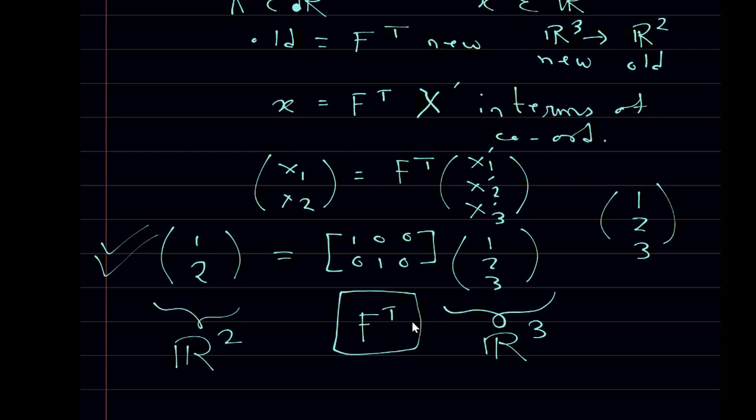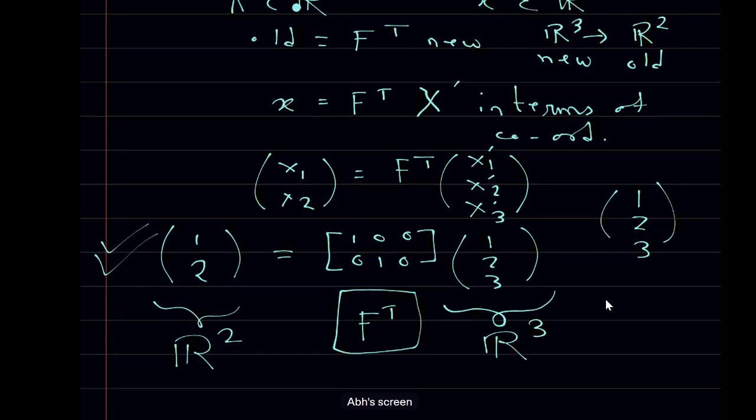So F transpose is a matrix representation of the operator that projects a vector in R3 to a vector in R2. Any doubt? So what do we get? We don't get a square matrix when you work with different spaces. You get a rectangular matrix.